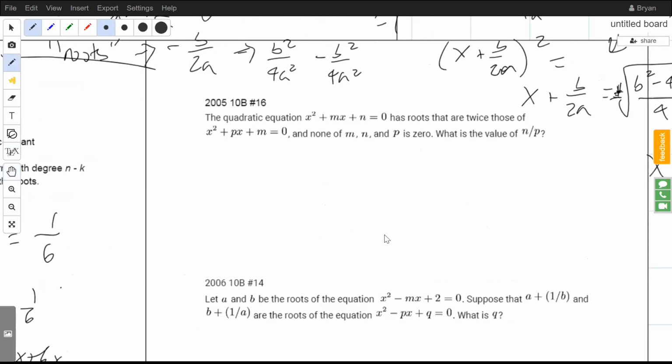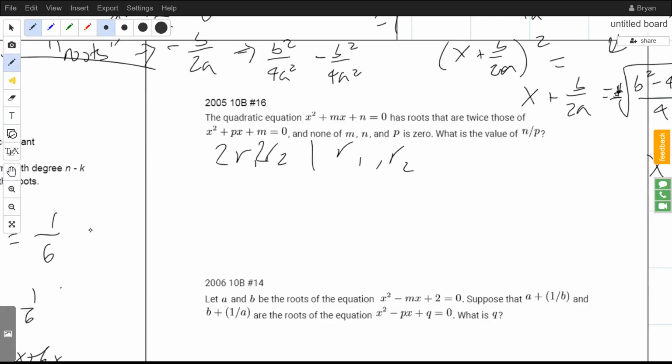Note the roots: the roots of this one are R1 and R2, and the roots of these are R3 and R4. Okay, I should re-read the problem. We know these roots are twice of those, right? So let's just assume that the roots of this first polynomial are 2R1 and 2R2, and the other ones are just R1 and R2.